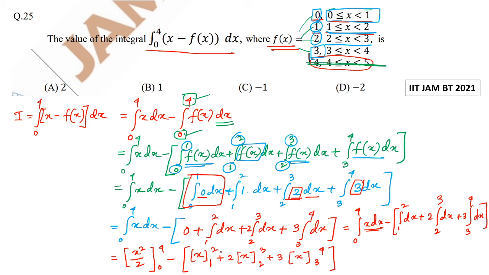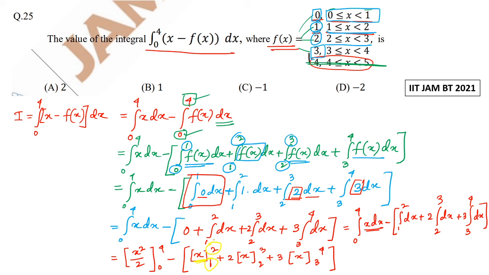First put 2, that is the upper limit, in x, and then put the lower limit, that is 1.